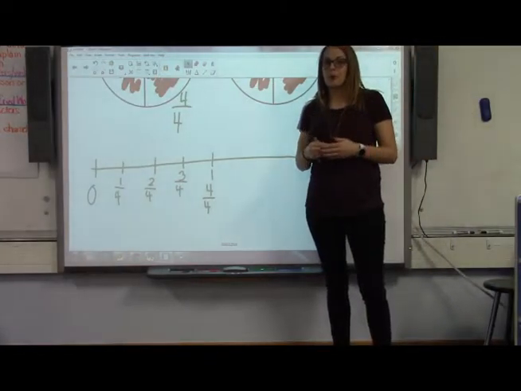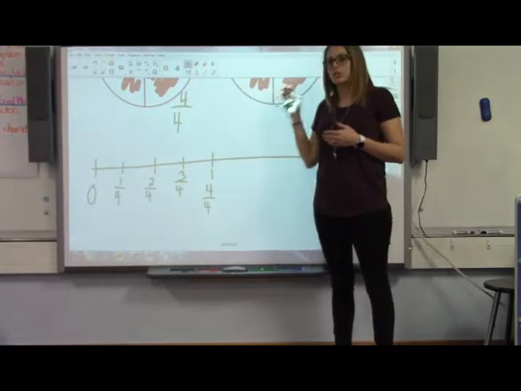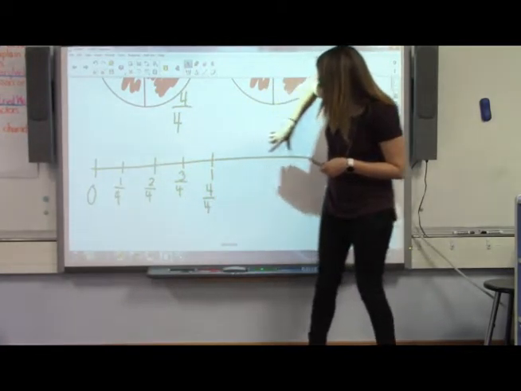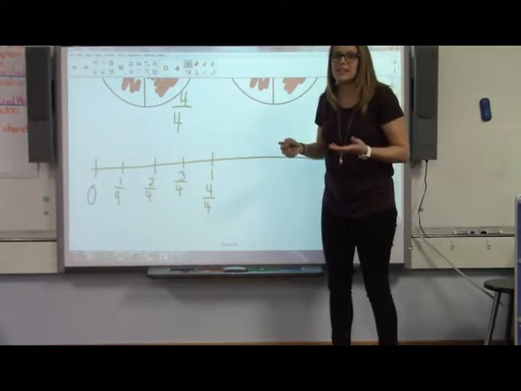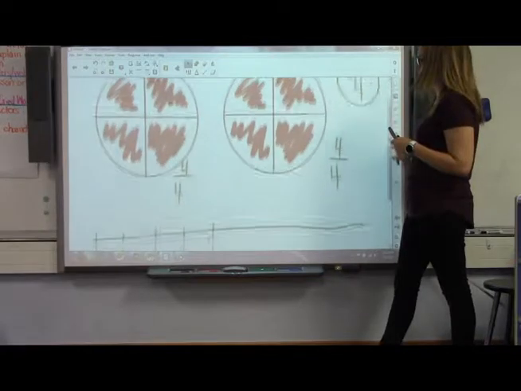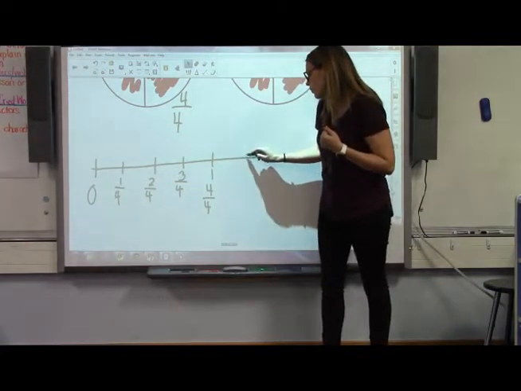But I will keep going, partitioning exactly the same. Just like my circles are partitioned the same, my number line must be partitioned the same. So I'm going to try and keep the same interval and keep going until I get to my target, which was 8/4. So let's keep going. So we have 3/4, 4/4.